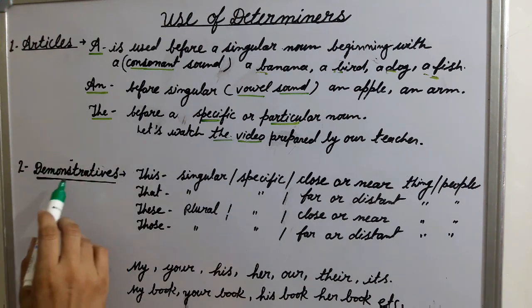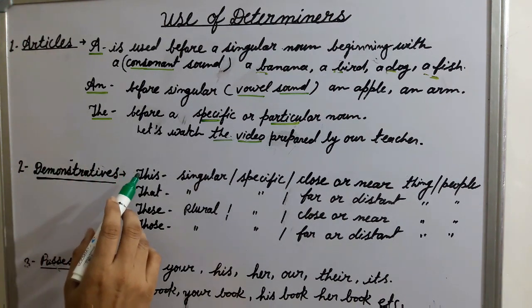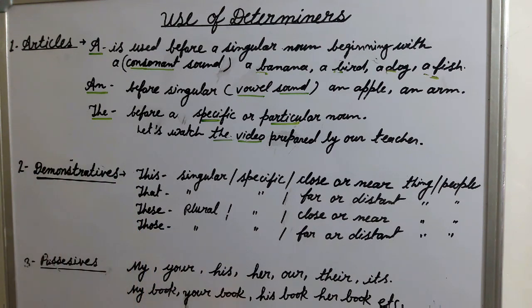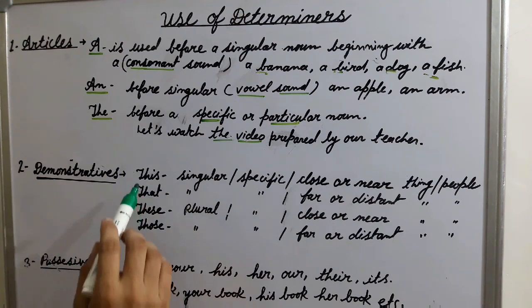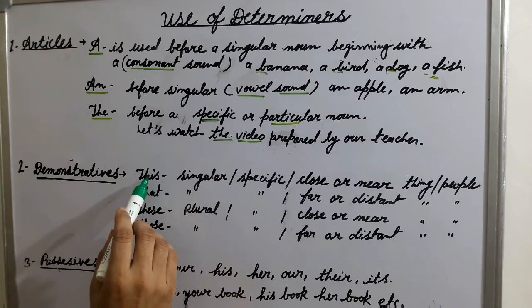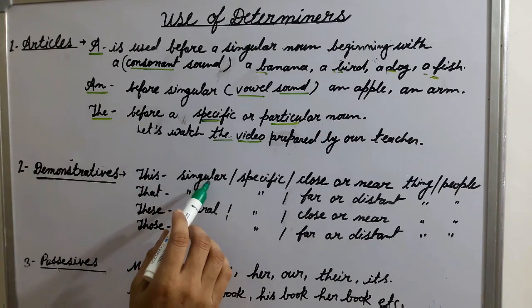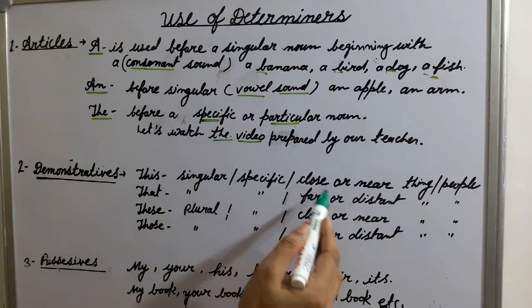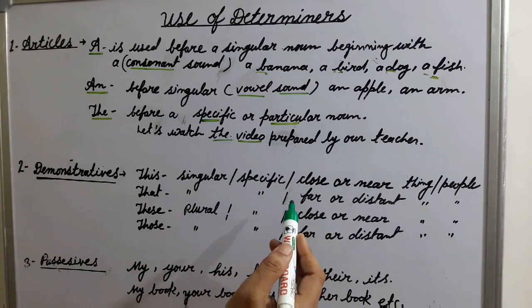Second type of determiners is demonstrative. Actually, they are demonstrative adjectives. This, that, these, those. This is used before a singular, specific or close noun.